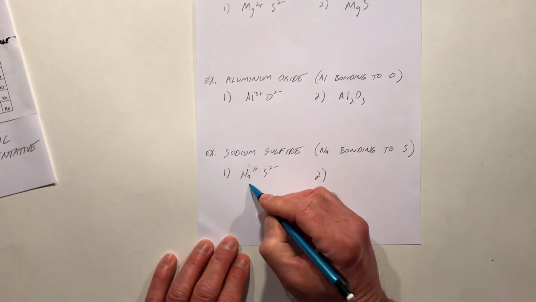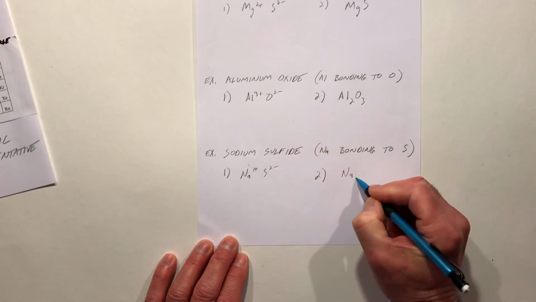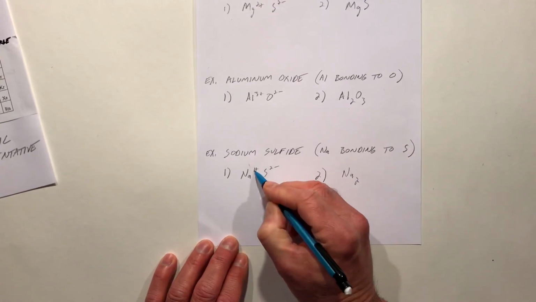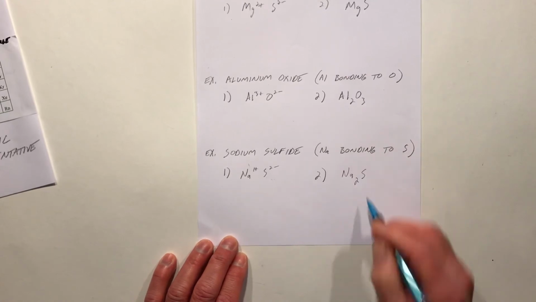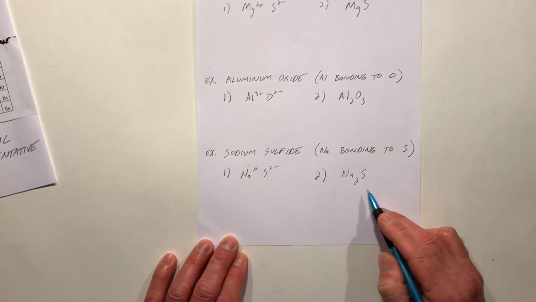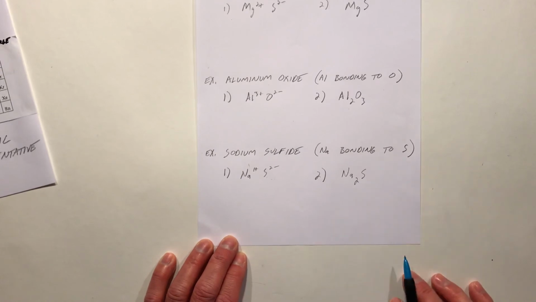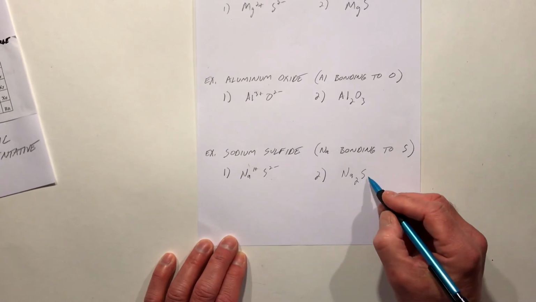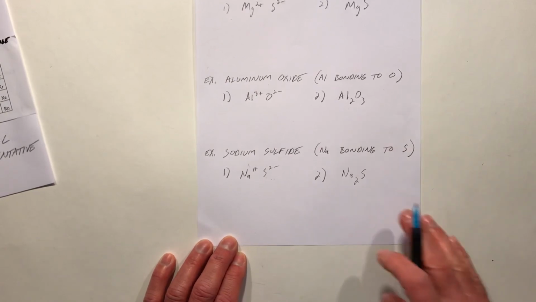This 1 goes here and the 2 goes there, and we end up with Na2S1. Now we don't write that 1 in formula, so we just write it as Na2S. If you see a formula and there's not a number written down here on the bottom, and the numbers on the bottom are called subscripts, then we assume that the subscript is an unwritten 1. So we would just write that as Na2S.